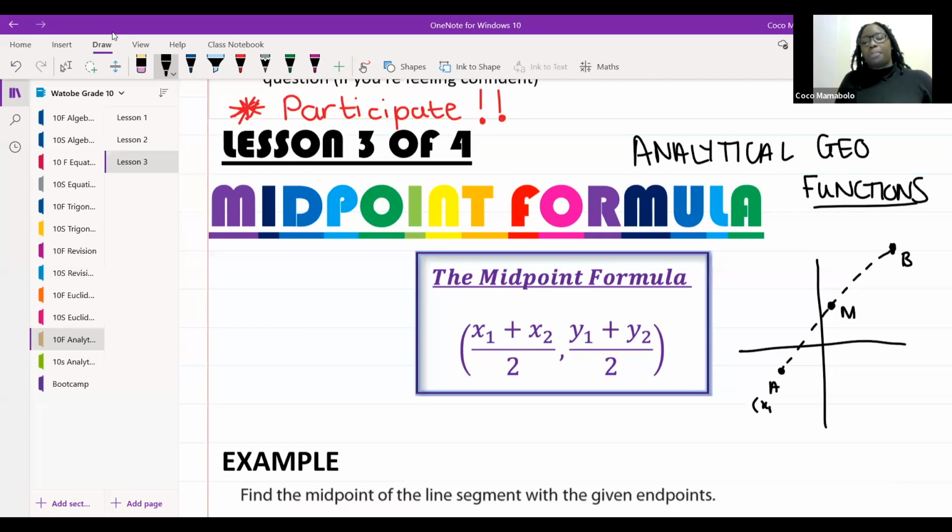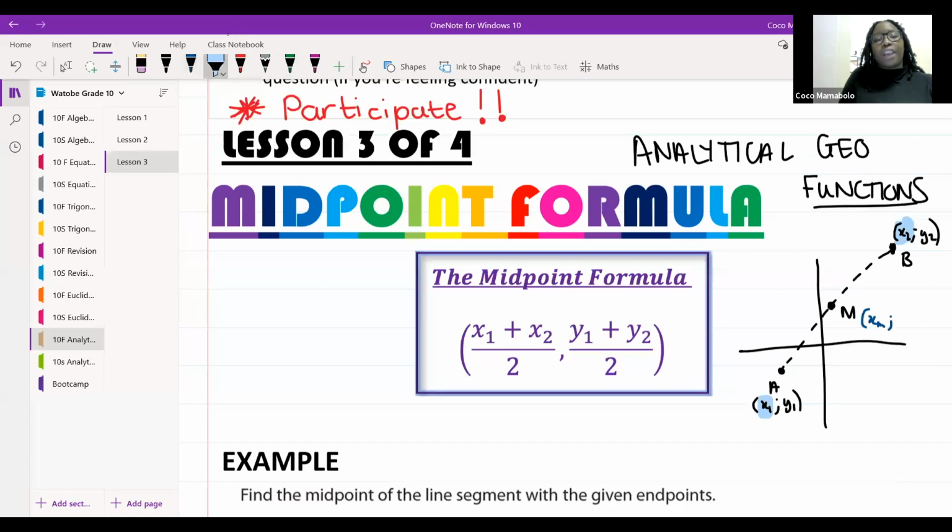Now, if I call this point over here on the coordinate x1 and y1, and I call the B coordinate x2 and y2, if I want to find this middle point, I'm going to take my x1 value over here and my x2 value over here, and I'm going to add them together, and divide them by 2, and that's going to give me this point over here, xm.